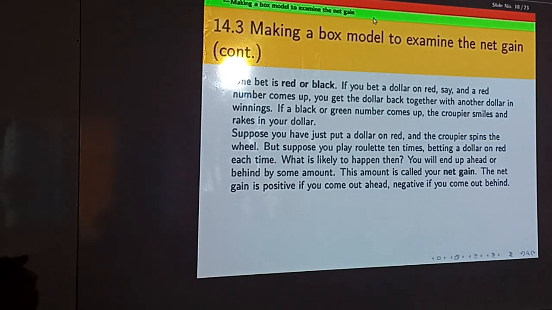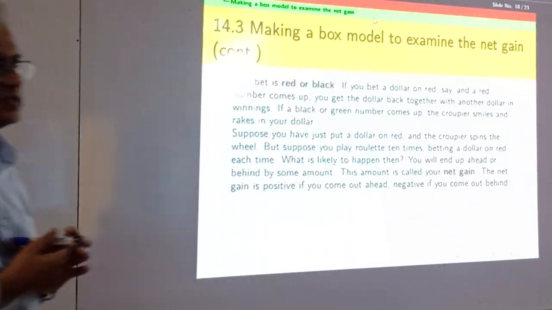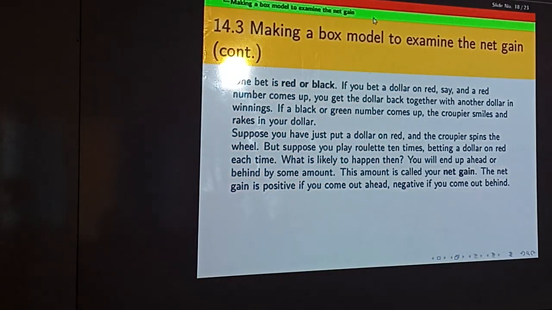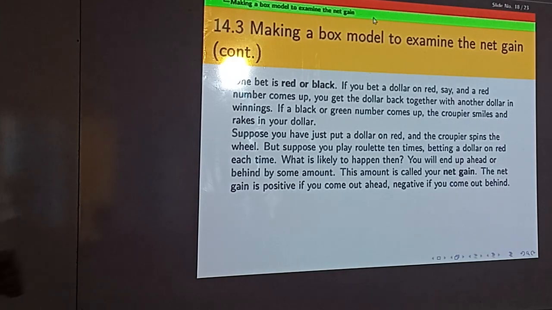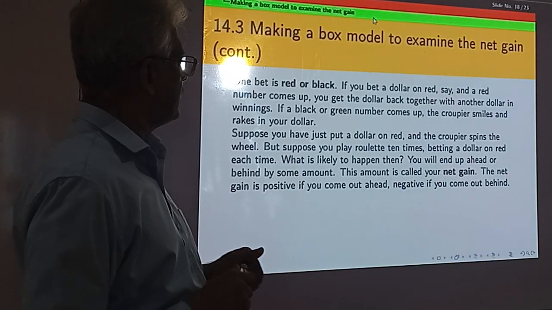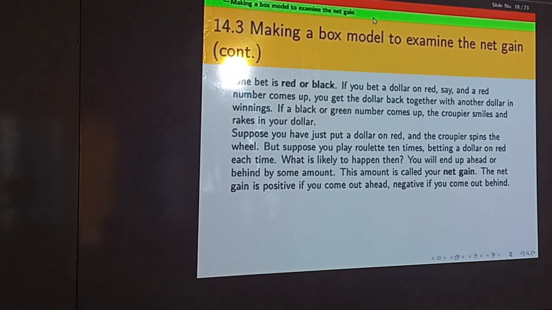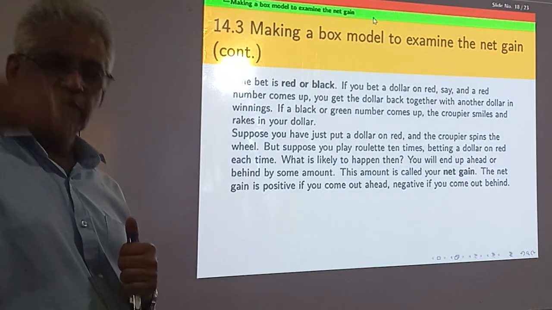That is the red or black, that is betting on the color, right? You can say the ball will be on the red at the end or on the black. So if you bet $1 on red, say, and a red number comes up, you get the dollar back, right? So if you bet $1, you get your dollar back, and you get another dollar from them, right?